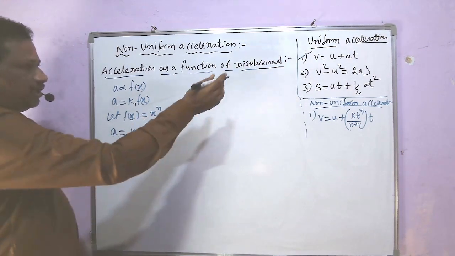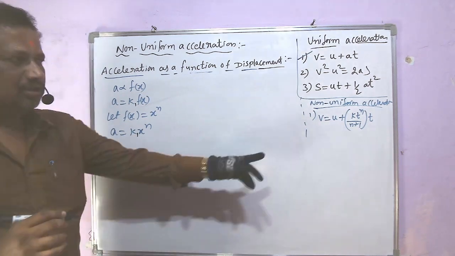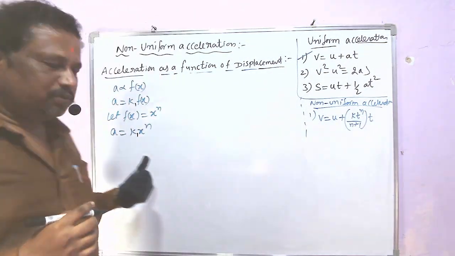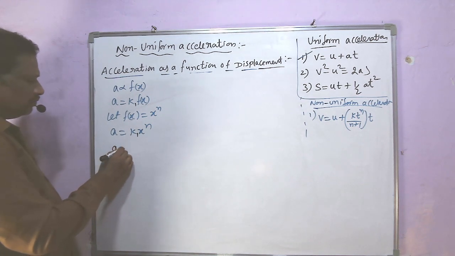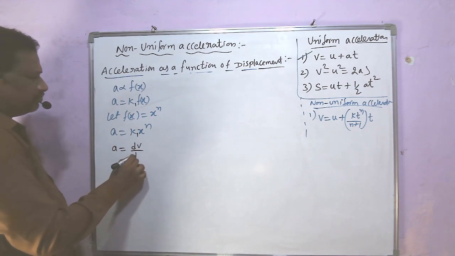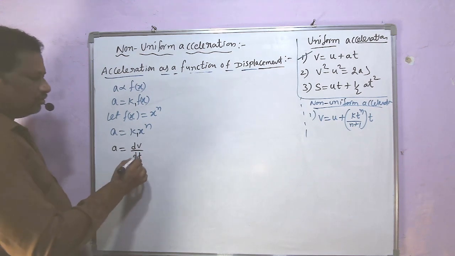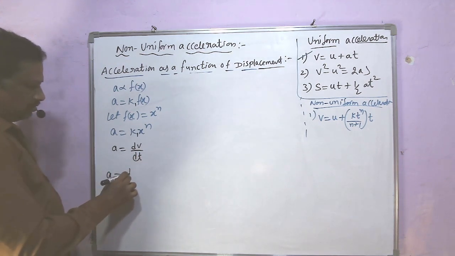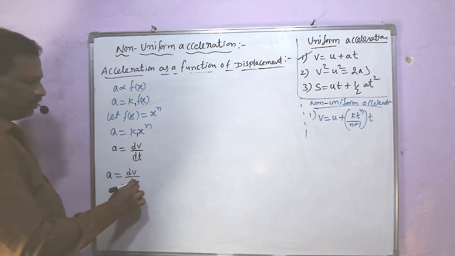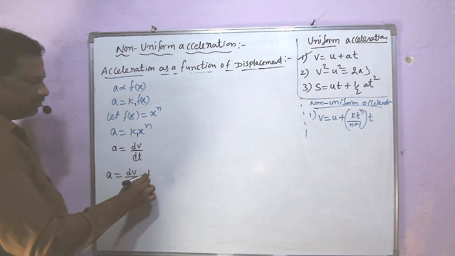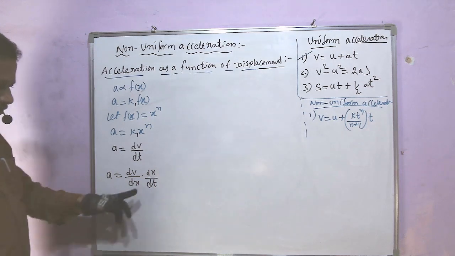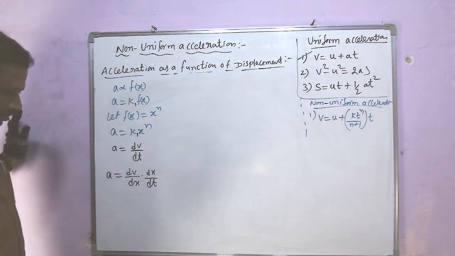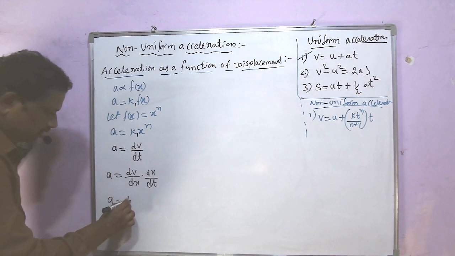So this will become a is equal to dv by dx into v. Now this is equation 1 and this is equation 2. Substitute equation 2 in equation 1.